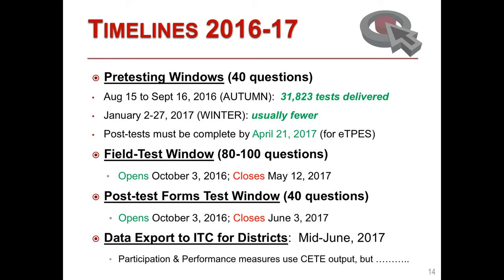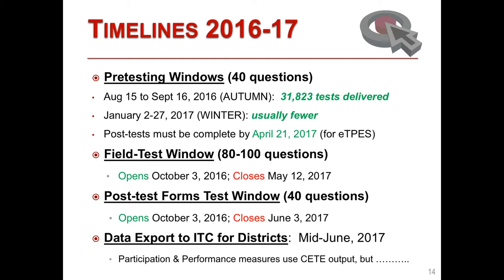Some of the timelines for 2016 and 17, the current year. Pre-testing windows for the optional pretest. We ran that from August 15th to September 16th and delivered over 31,000 tests to about 20 to 25,000 students. The January window is from January 2nd to the 27th.